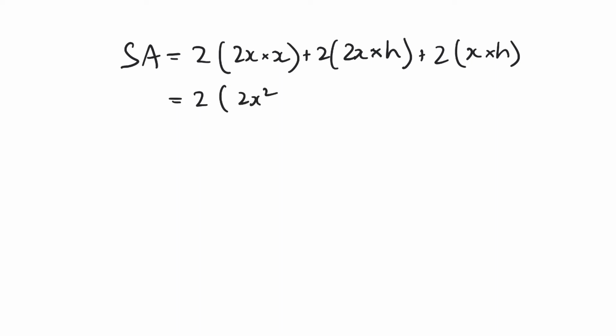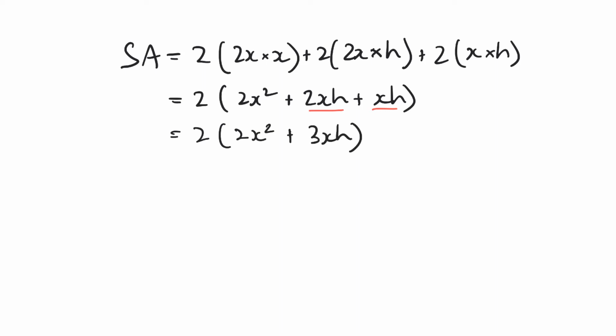So we've got 2 lots of 2x squared plus 2xh plus xh. We can simplify this a little bit further because we've got ourselves some like terms now. We're going to get 2 lots of 2x squared plus 3xh. Okay, if we go and expand that, we're going to get 4x squared plus 6xh.